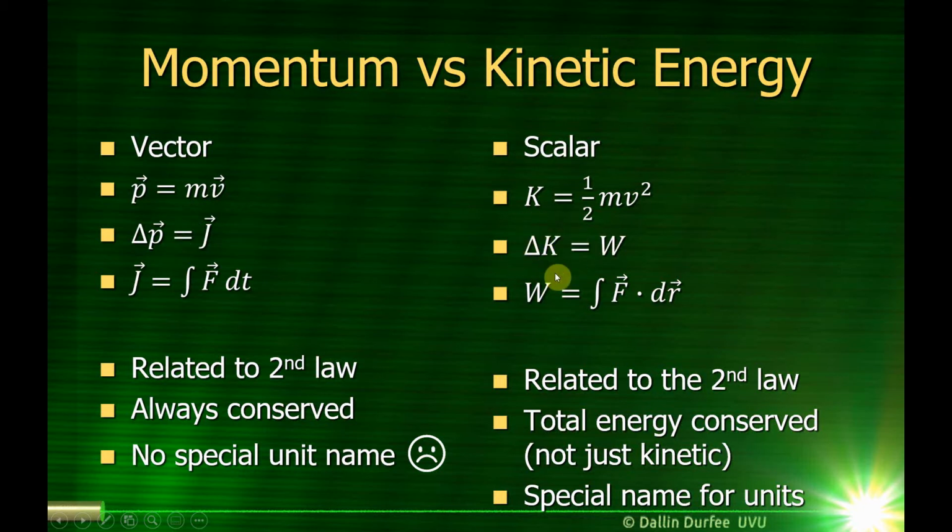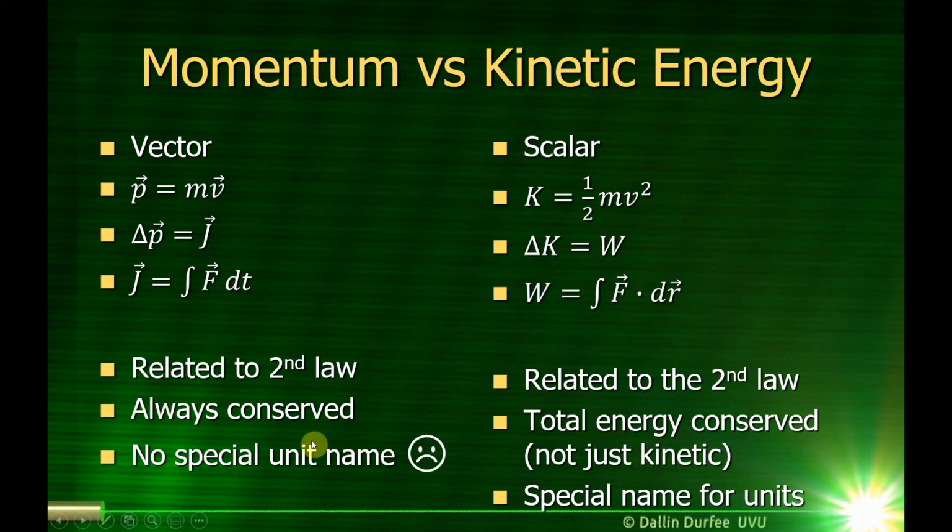The change in kinetic energy of an object, we call that the work done on the object. And of course, impulse is the integral of force with respect to time, whereas work is the integral of force with respect to distance. So there are some nice parallels, some nice analogies. They are both closely related to the second law. They're both derived from the second law.